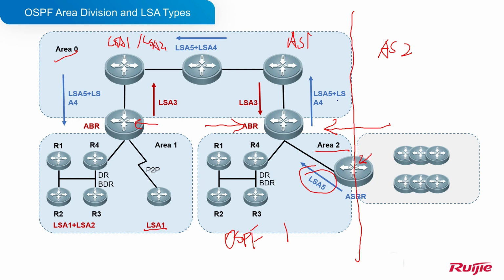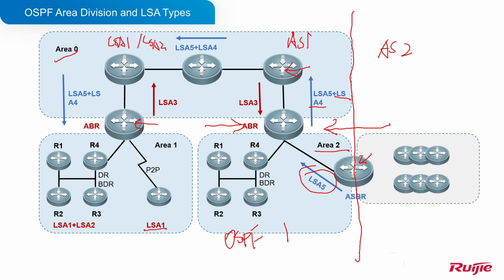But now we will add the LSA 4, type 4 information. Actually, the LSA 5 describes the external network.